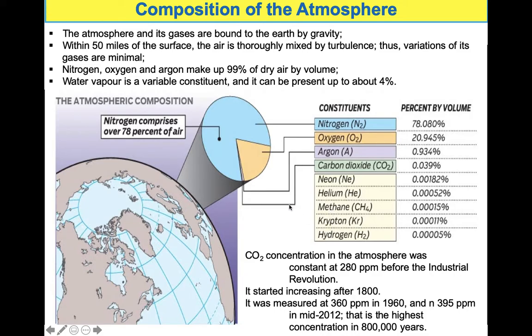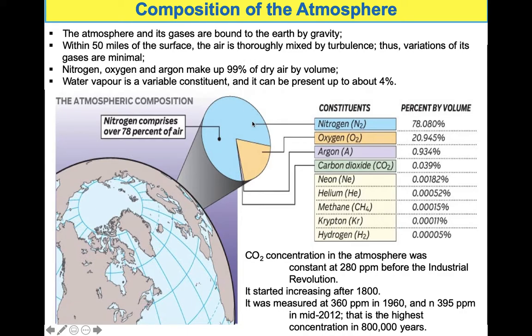So all these gases in the atmosphere are bound to the Earth by the gravitational forces. And in terms of their distribution within the first 50 miles of the atmosphere close to the surface of the Earth, they really don't change much.